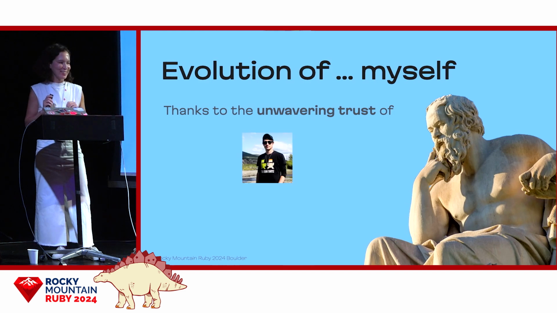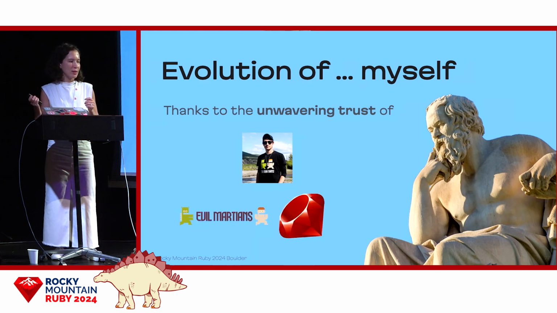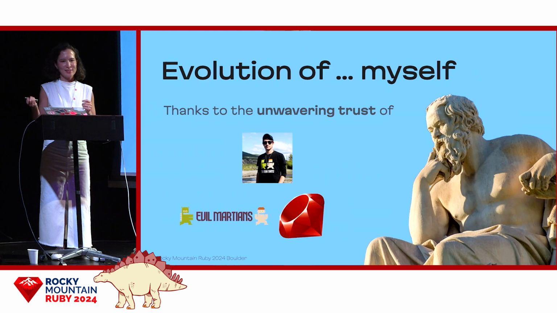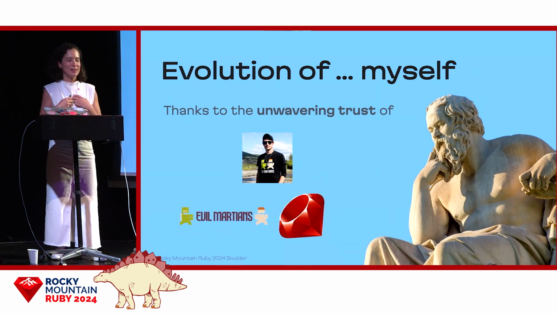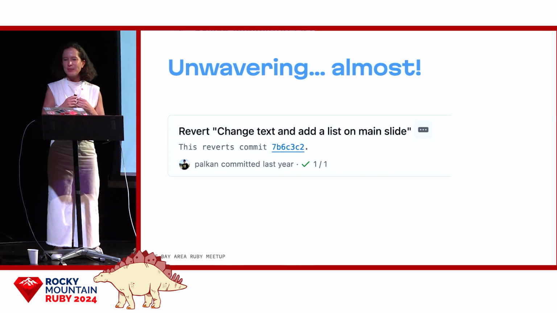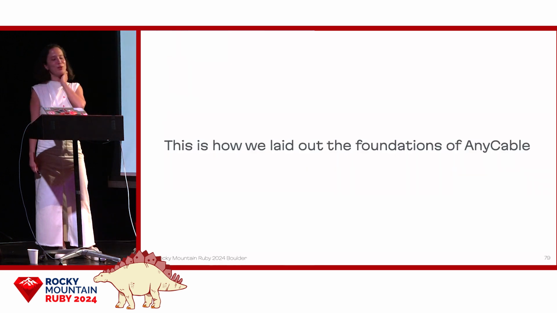And this is Vova, but also our company and the Ruby community. So I had so much trust and support on this journey. Well, it wasn't 100% of the time, but mostly.